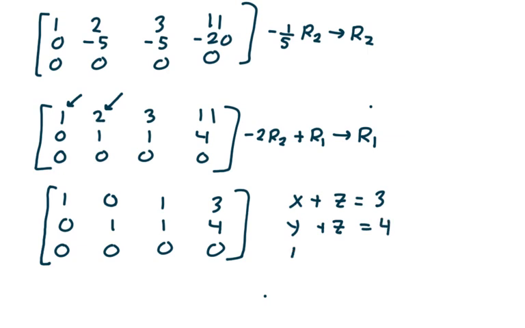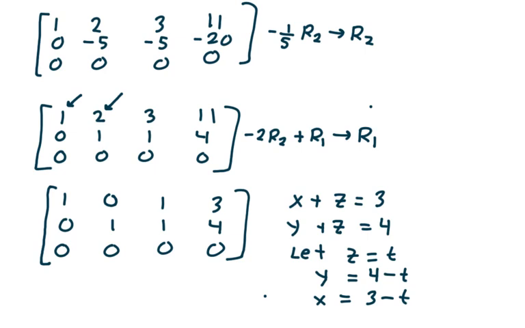I'm going to let z equal t. That says y equals 4 minus t, and then x equals 3 minus t.